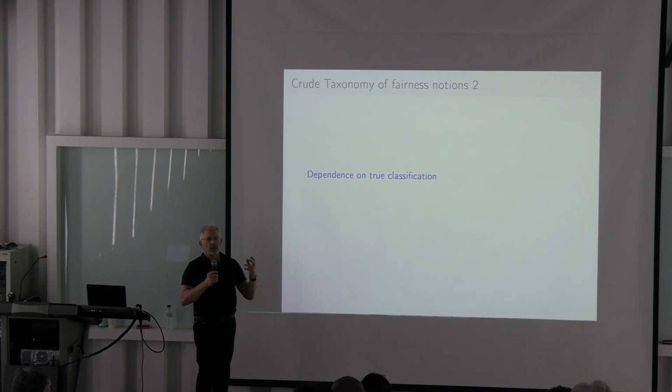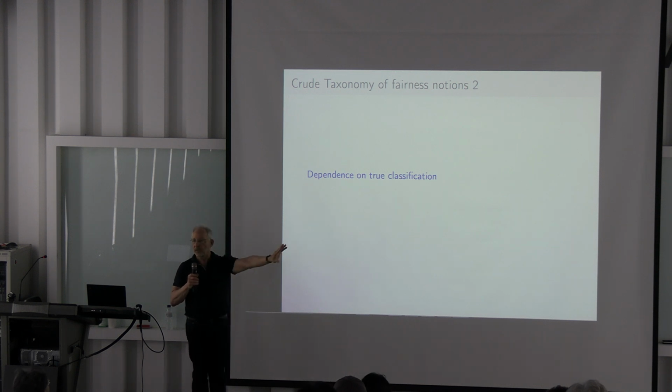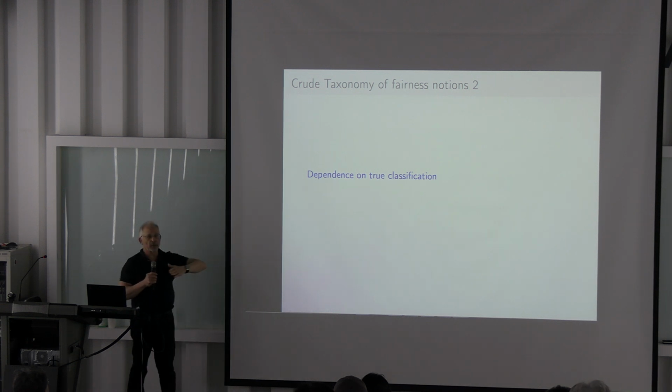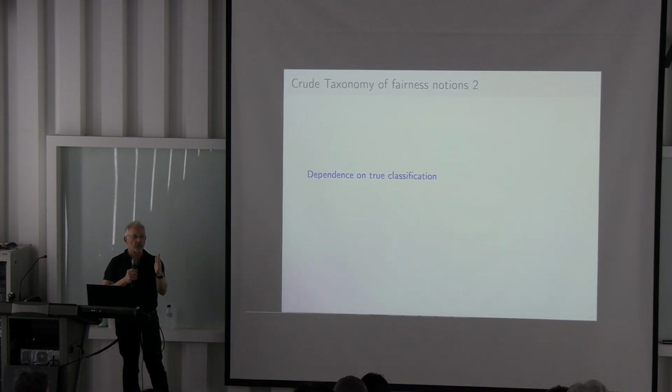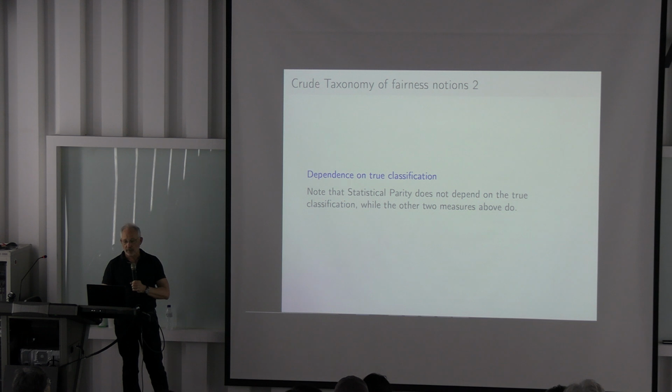You remember our first notion, demographic parity, did not depend on the true classification. We just said we want to accept the same percentage of black people as white people, regardless of whether they will succeed or not. So that's another categorization. So statistical parity did not depend on true classification, the others do.